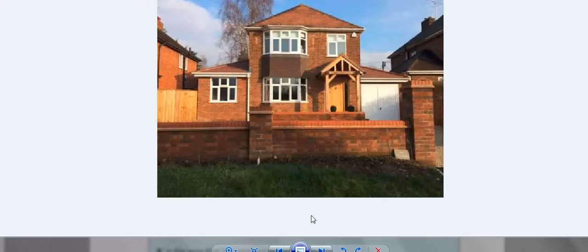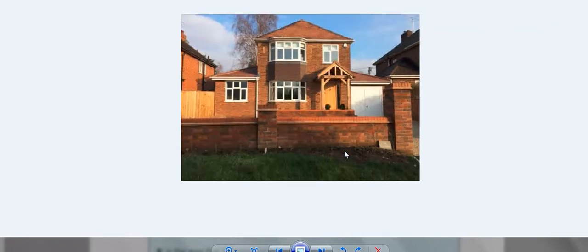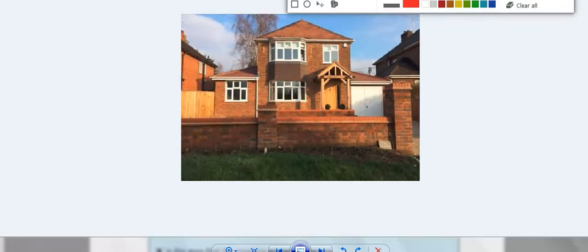So let's have a look at an example here. Let's assume that the original building was this square box here, and the customer's had a new build extension built here on the left hand side, so it's going to have been insulated as part of building regulations.